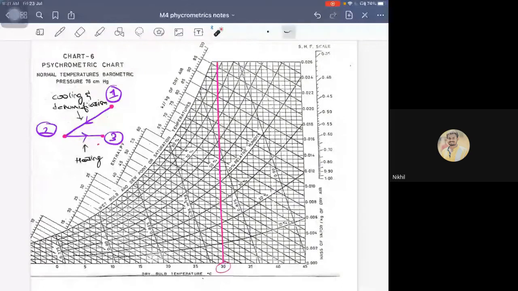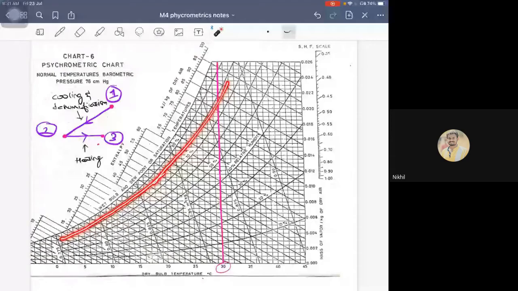So all these lines are relative humidity lines.